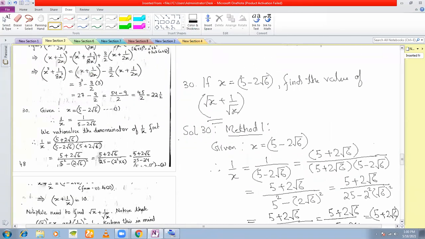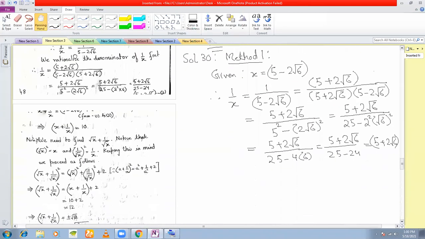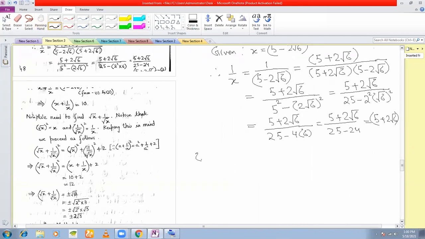We need to find the value of root x plus 1 by root x. So we start from here. You know that when you square root x, you get x, and when you square 1 by root x, you get 1 by x. So you take root x plus 1 by root x and take the square of this and expand.